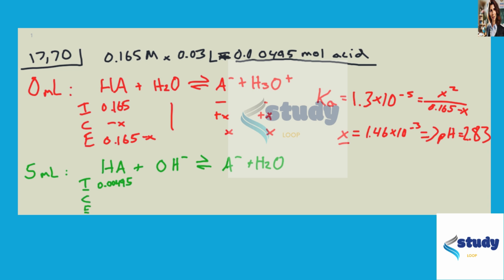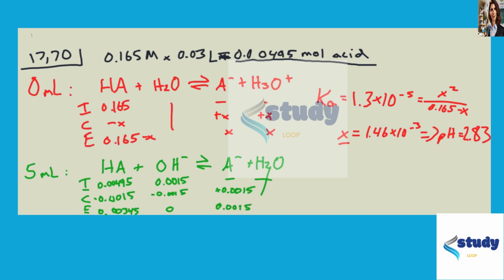Our initial moles of hydroxide will be from multiplying the volume, 5 milliliters, times the concentration to get 0.0015, and then no initial A minus. So we subtract 0.0015 from the left, and on the right we add 0.0015, and our equilibrium will be 0.00345, 0, and 0.0015.